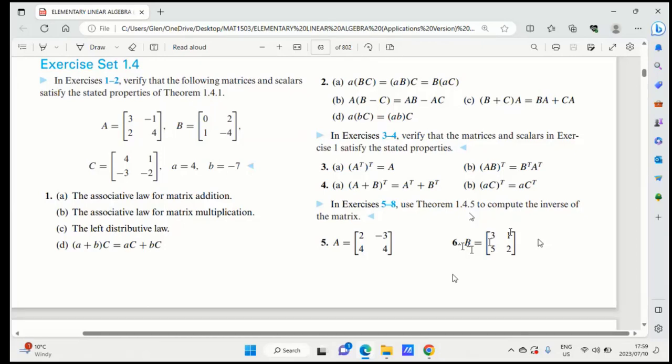You said in row 1 you have got 2 and negative 1, and in row 2 negative 5 and positive 3. Agreed. What did you get? Positive 2, negative 1, and negative 5 and positive 3.